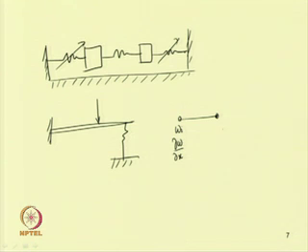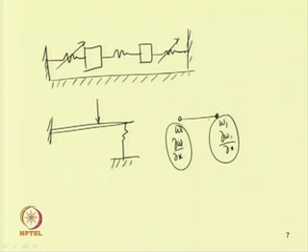Similarly, at the j node it will be w j and del w j by del x. So, for each element there will be 4 degrees of freedom. If one takes 10 elements, then the assembled mass matrix and stiffness matrix will be of size 40 by 40.